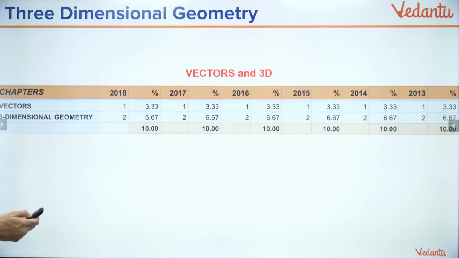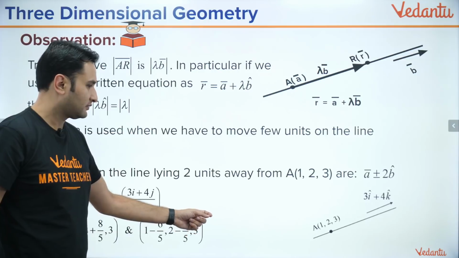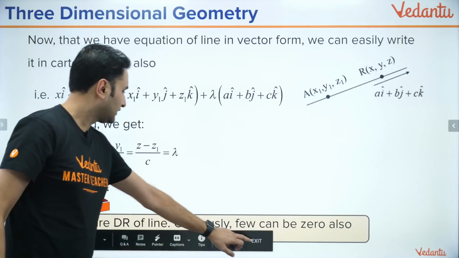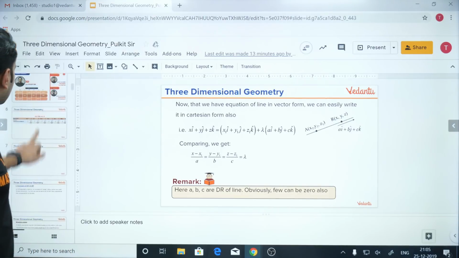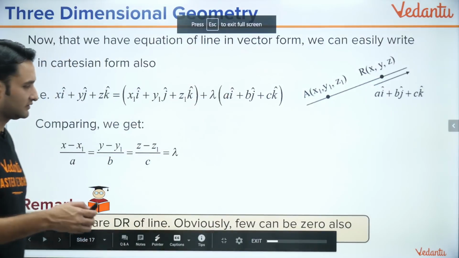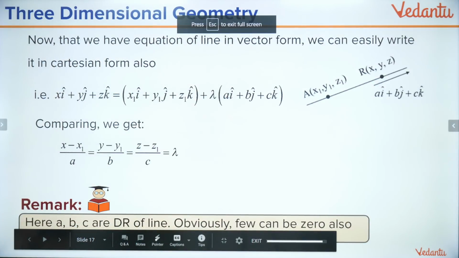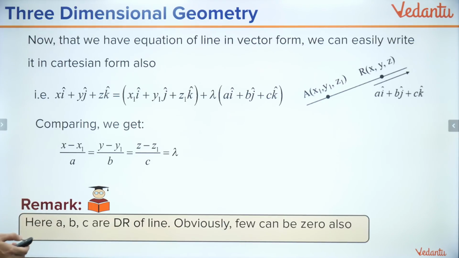So, it's automatically sliding. Just give me a moment, bachcho. Let me start it once again. Some magic is happening with my slides. All right, let me go back. Just give me a moment, bachcho, okay?